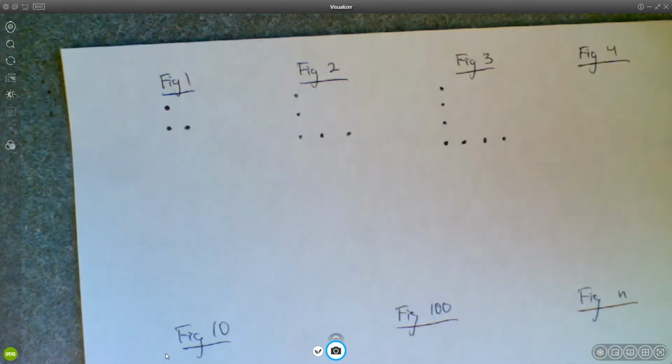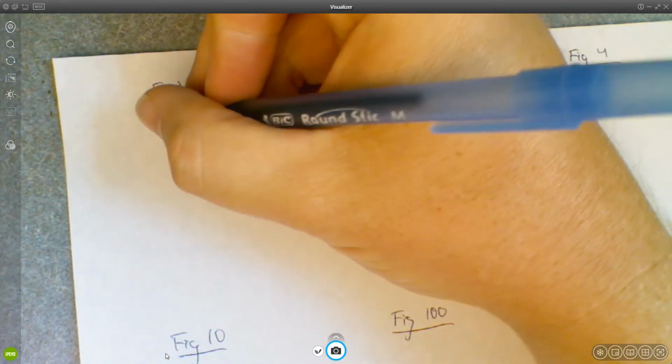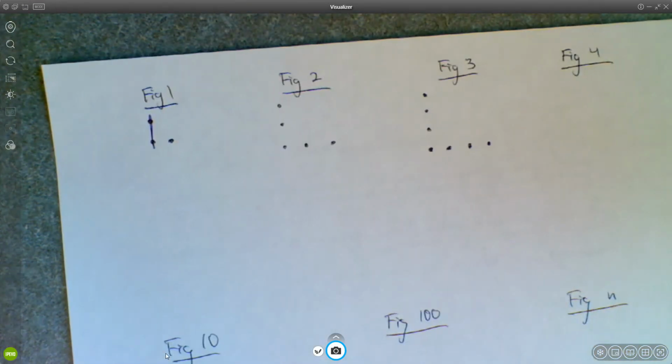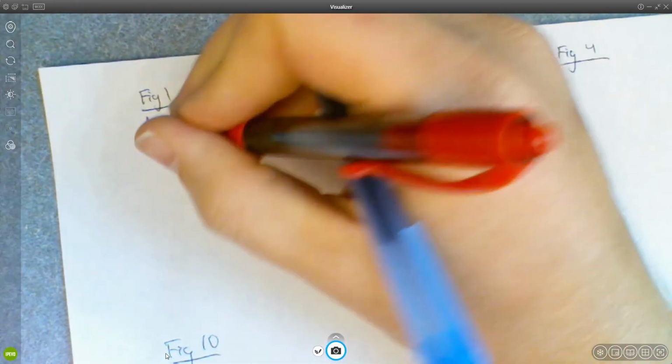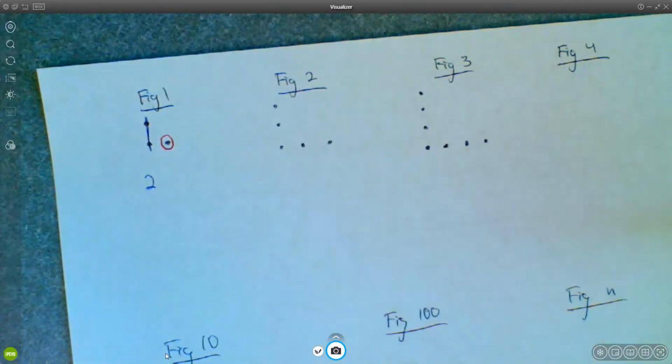So one way that I can see this growing is I have a 2 here and then 1 there. So I can see this as 2 plus 1.